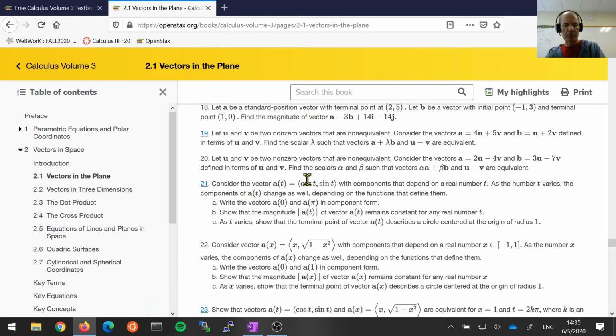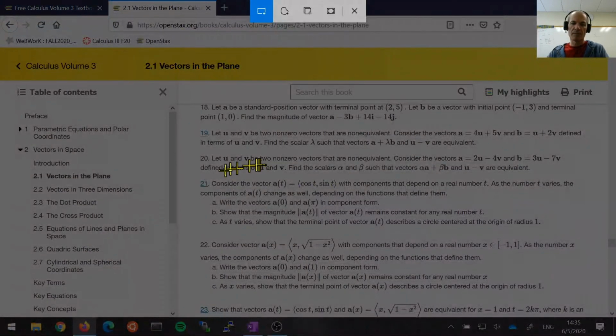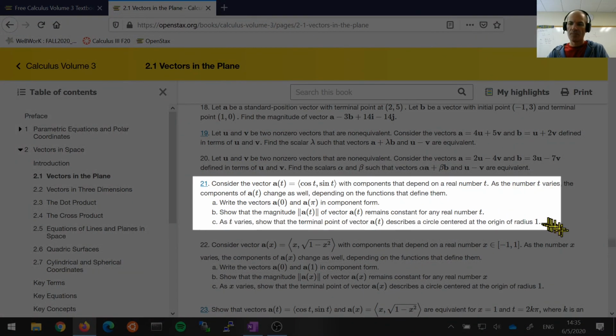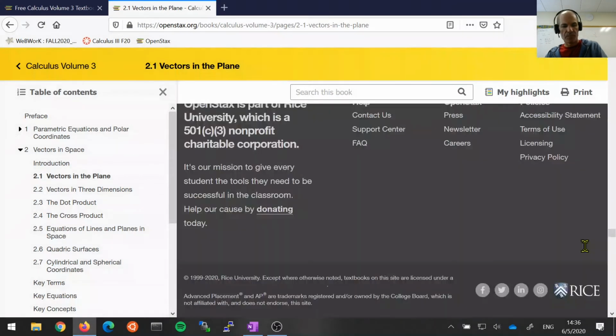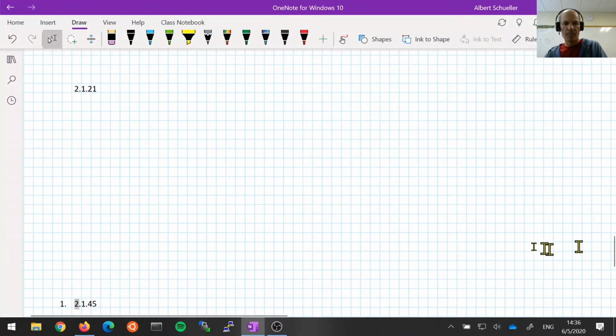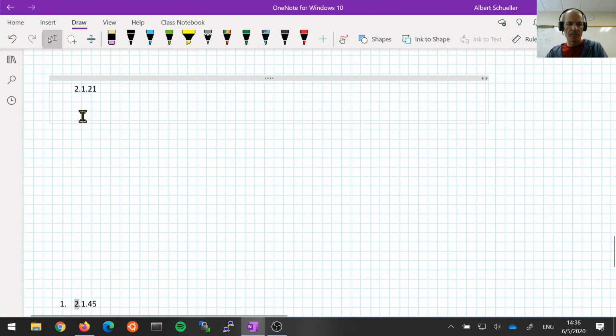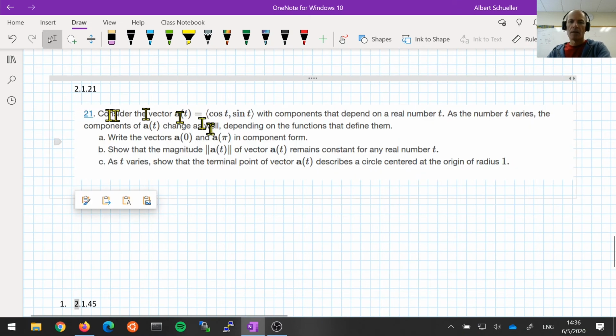That's certainly a thing that we can do now. So we have this vector function, and this vector A, that's a function of t. Write the vectors a(0) and a(pi) in component form.